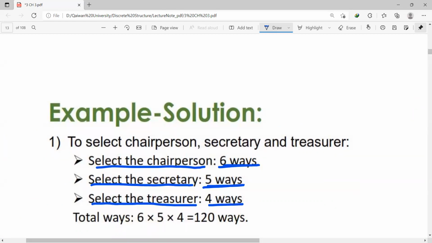We have 4 ways because 2 of them became chairperson and secretary. So now we just multiply these. The total ways we have is 6 times 5 times 4, which is 120 ways. That means we have 120 ways to choose 3 people among 6 people for 3 positions.